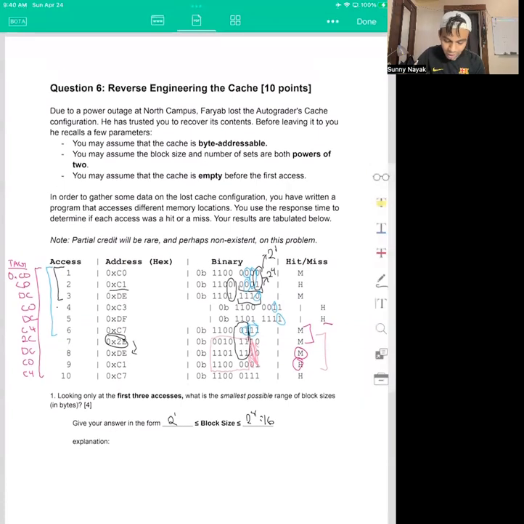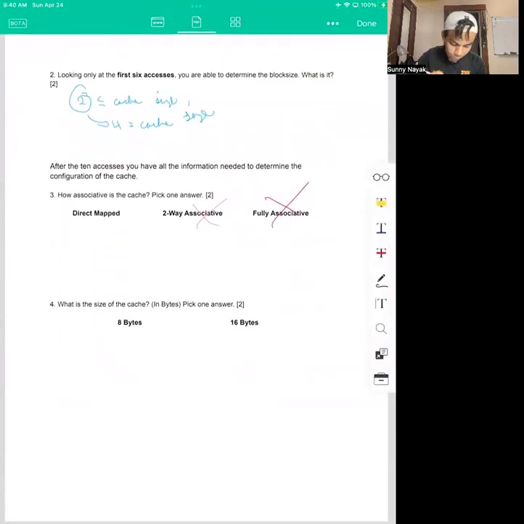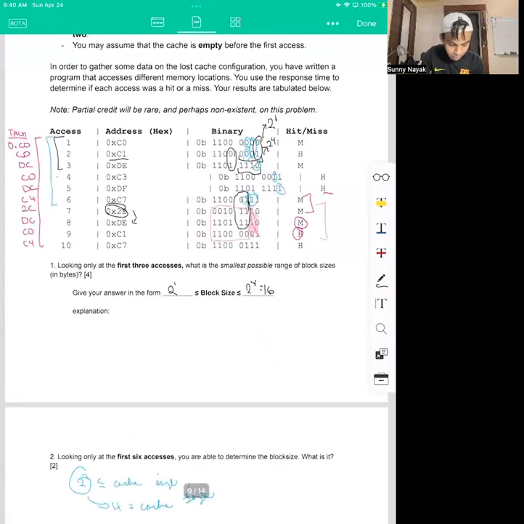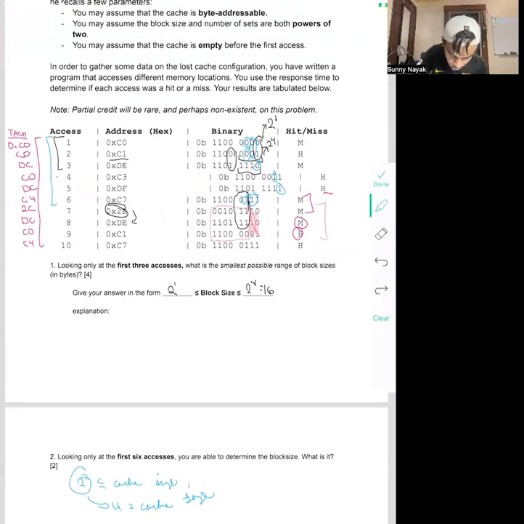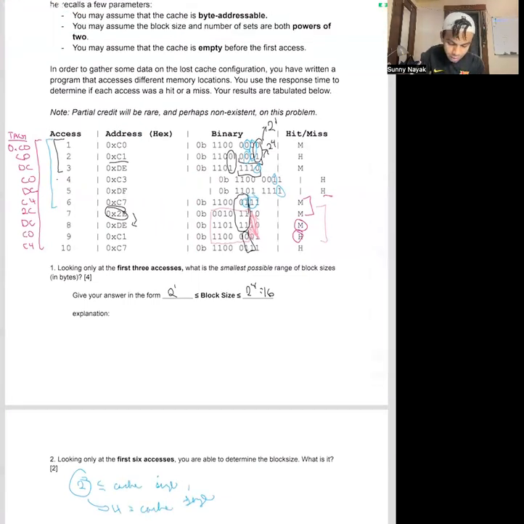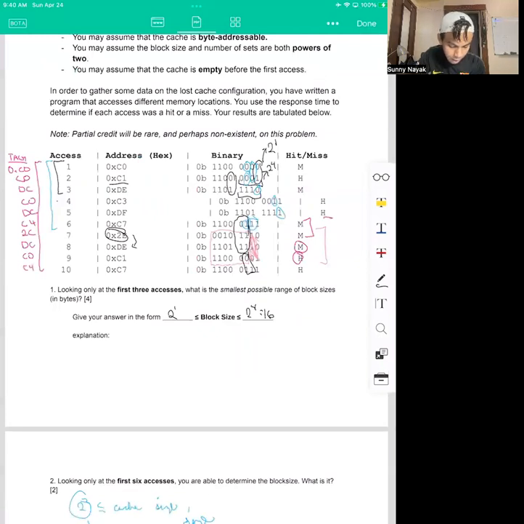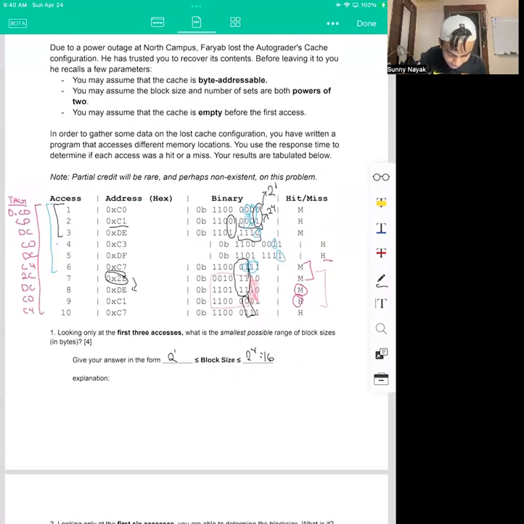So questions 3 and 4 are very interdependent, in terms of 2-way associative versus directly mapped, and the 8 versus 16 question. Cache access 10 tells me I can't have a set index that is just 1 bit, and cache accesses 6 through 8 tell me the set index must be 2 bits. I can't go lower, and I can't have a set index that's more than that.